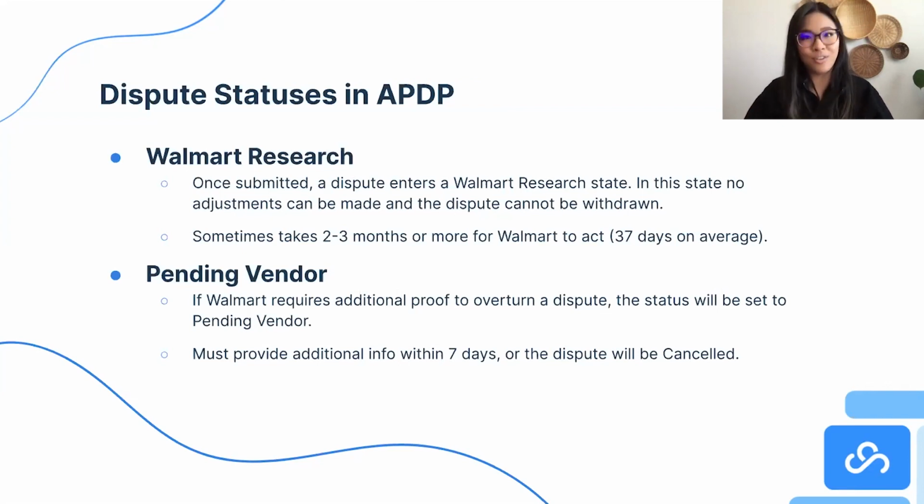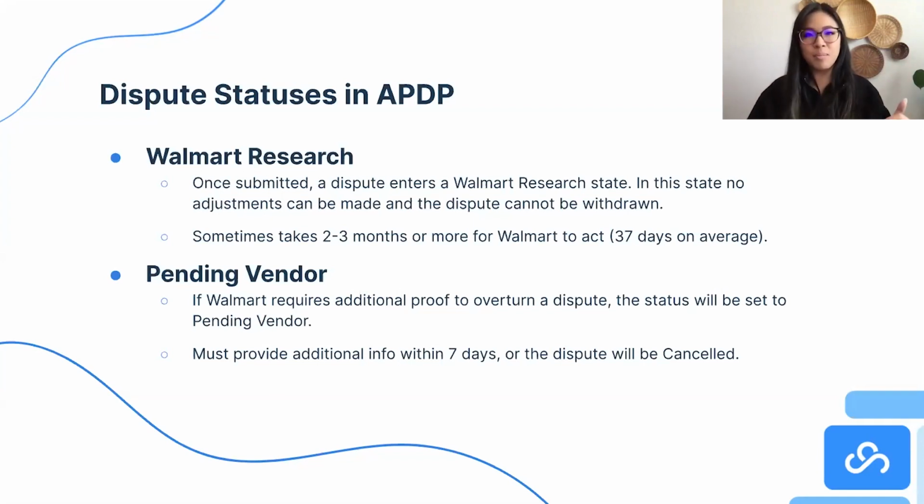We get a lot of questions on this. Hey, I submitted it, but I got the dollar amount wrong, or I forgot to attach a document, or whatever it is. We really, really recommend that you do your very best to make sure your disputes are as buttoned up as you can be, just because once they enter Walmart research, they're basically kind of DOA.